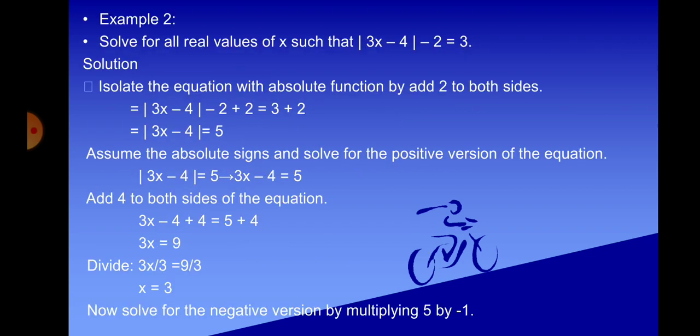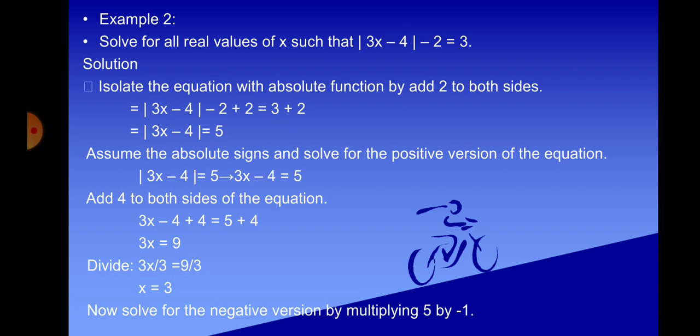are the solutions. So example number 2, solve for the real value of x: the absolute value of 3x minus 4, minus 2, equals 3. Solution.